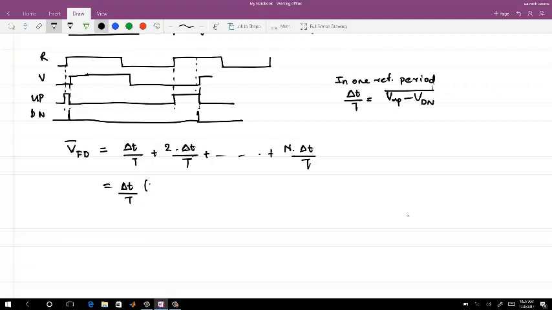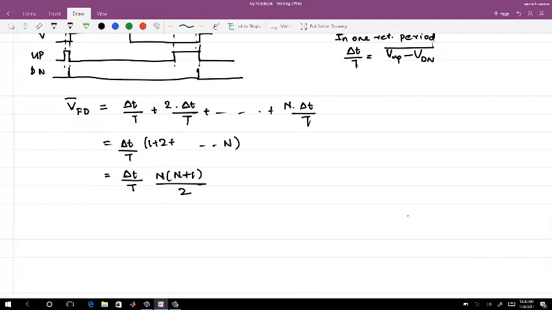So this one will be 1 plus 2 continuing to n, and I think everyone knows this is n into n plus 1 by 2, right? Now, when does it wrap?